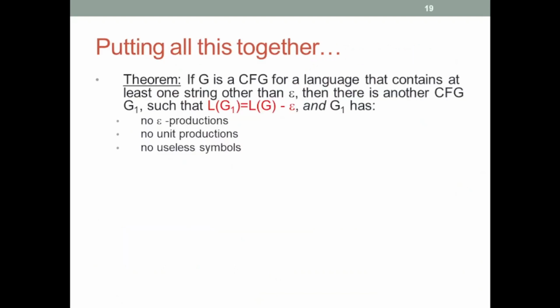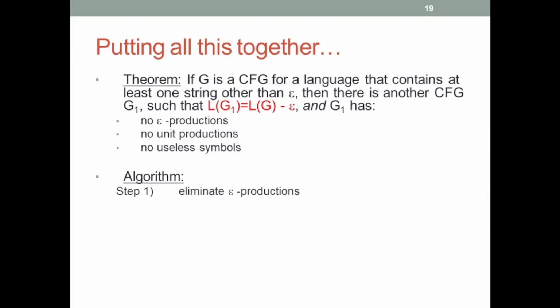Now putting all this together, if capital G is a CFG for a language that contains at least one string other than epsilon, there is another CFG G1 such that L(G1) is equal to L(G) minus epsilon, and the G1 has no epsilon production, no unit production, and no useless symbol.